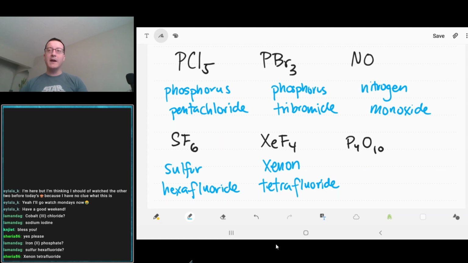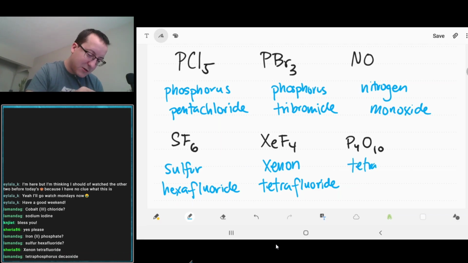So, in my opinion, these are the easiest ones to name because it's just how many of them are there? Boom, done. No worrying about charges, trying to figure out is that iron 3 or iron 2. None of that stuff. No polyatomic ions to memorize. It's all just numbers and names.